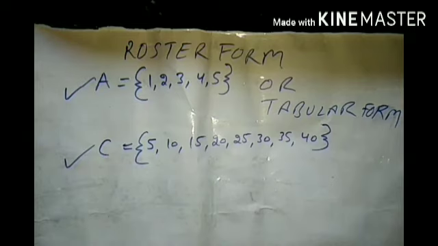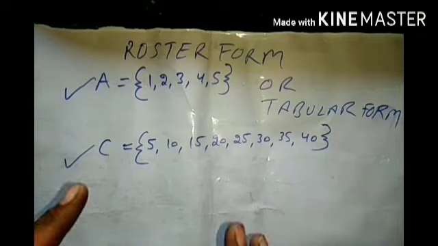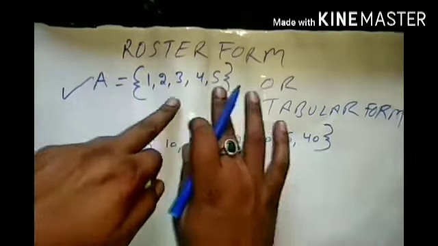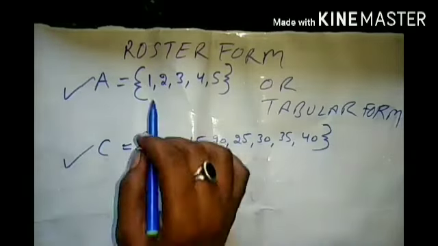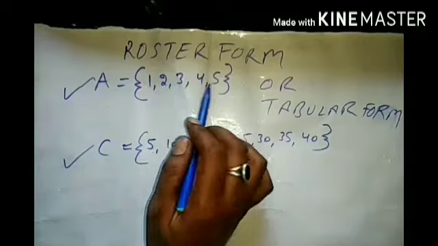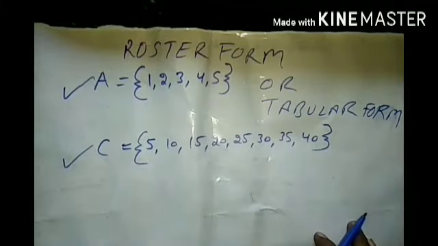First I have to observe these elements very carefully. If the given set is this, I have to check the members: 1, 2, 3, 4, 5. These are natural numbers less than 6.